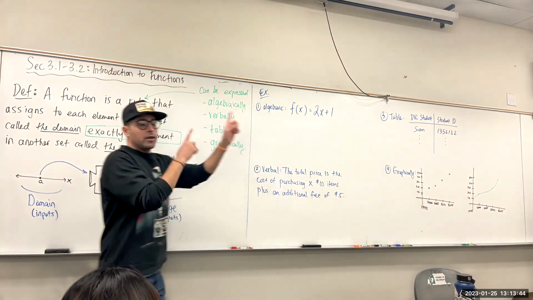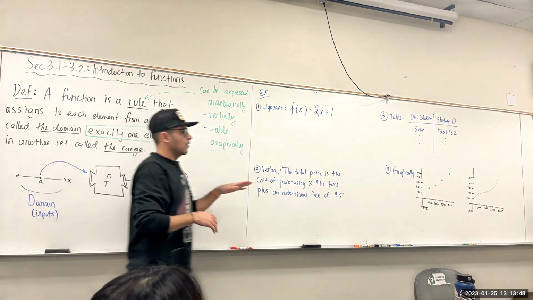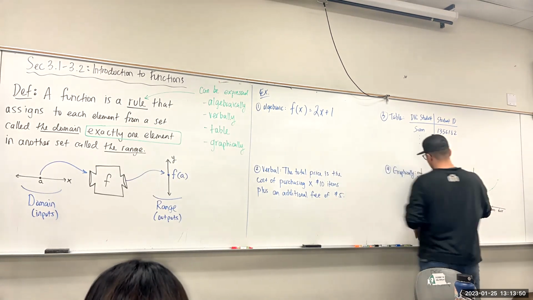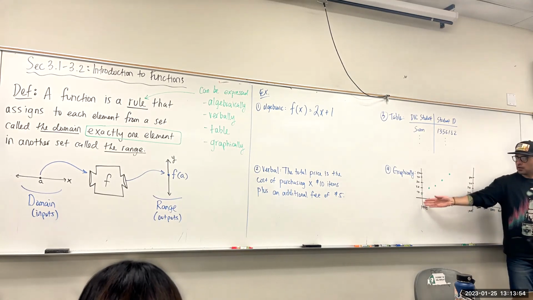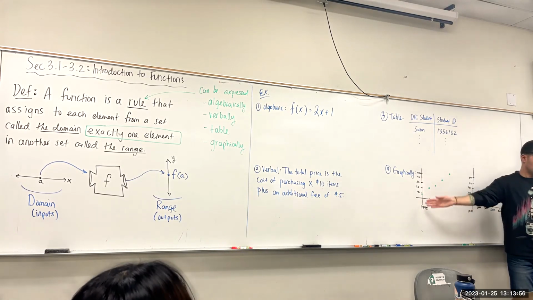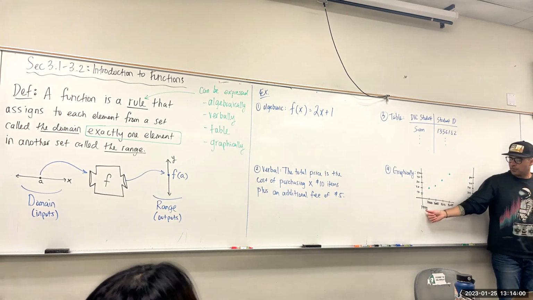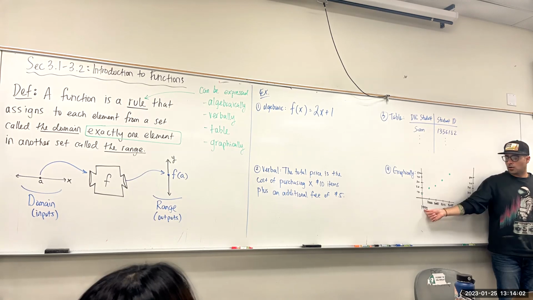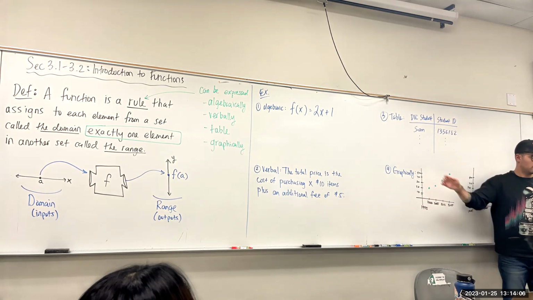Let's go back to the green description here. If we call the years the input values, the output values will be these values here, the vertical ones. Is it true that each year corresponds to only one of these values?